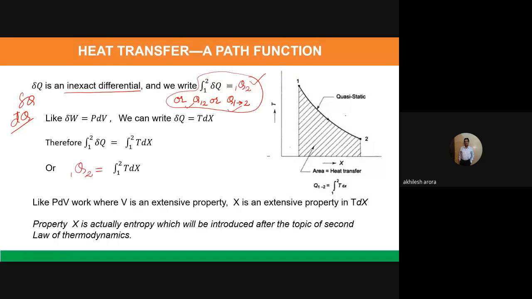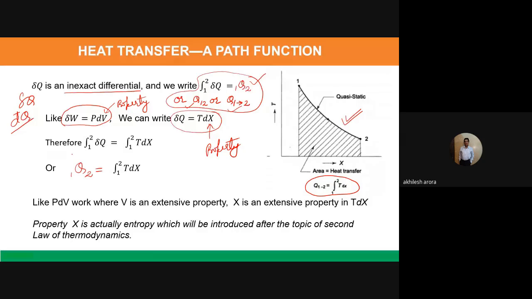And once again, the same diagram showing the quasi-static process, and the area under the curve is representing the heat transfer. So what I have written here is delta W, we said it is equal to PdV, where V you know is a property. Okay, this V is a property. And similarly, we can write delta Q is equal to TdX, where X is a property.